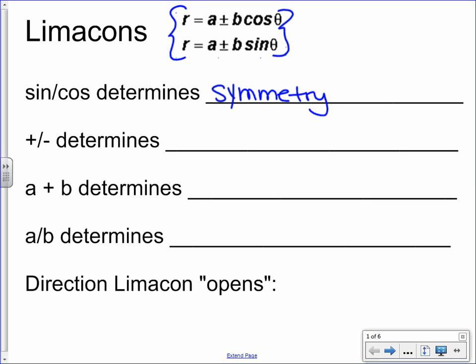And that's what you're trying to tell me with left, right, up, down. But it also determines which axis it's symmetric about. Sine is symmetric about which axis? Vertical axis, okay? And cosine symmetric about the polar axis or the horizontal axis.